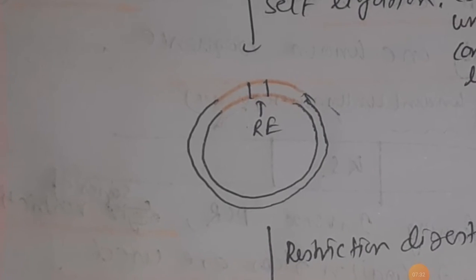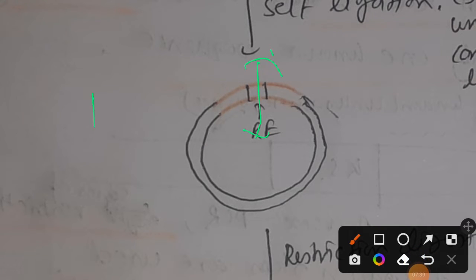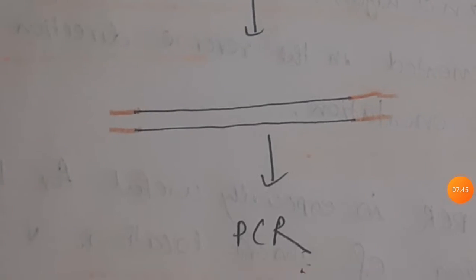Because during the restriction mapping videos I told you, if there is one restriction cut site present and you perform the restriction, then the circular DNA will be linearized, and that is what we observed there. Now it will be the normal traditional PCR.